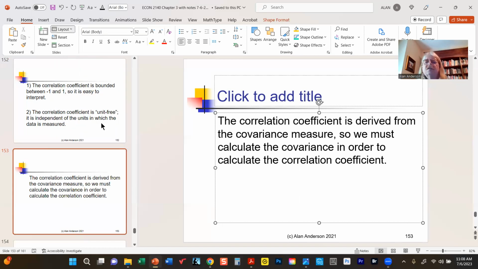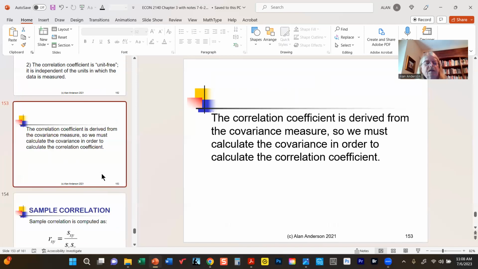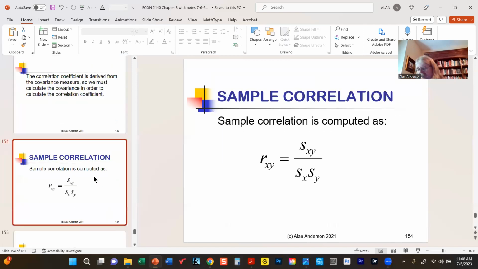Let me show you how that's done, first for a sample and then for a population. So the sample correlation measure, you can see, here's what's going on. This is the sample covariance.